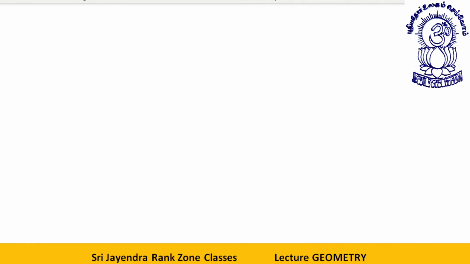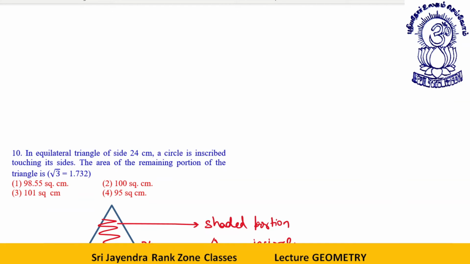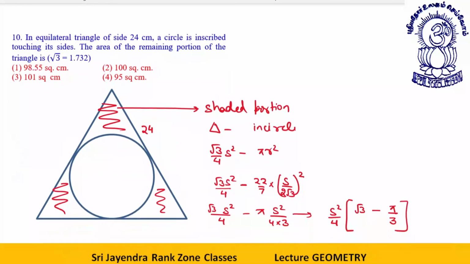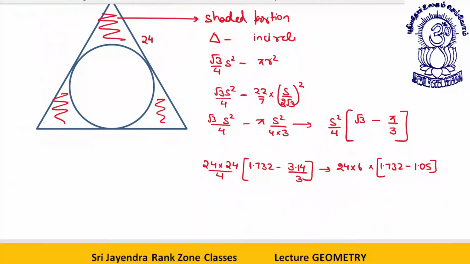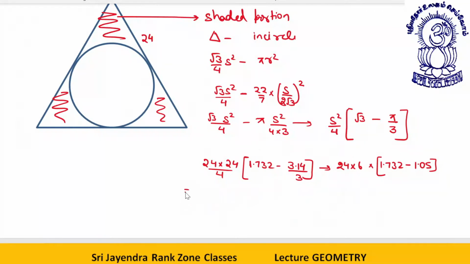Now, this gives me 24 into 6 into 1.73 minus 1.05, which is 0.68. 0.682 precisely speaking.